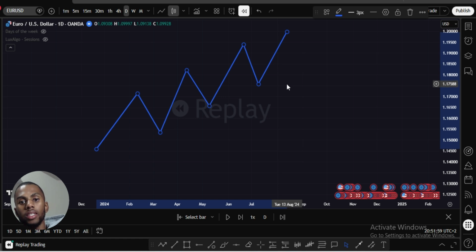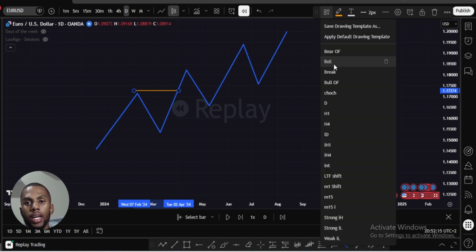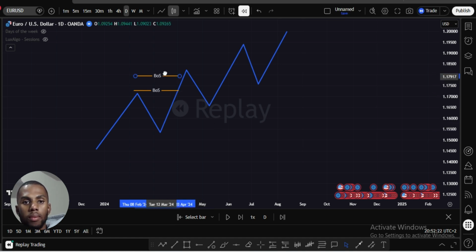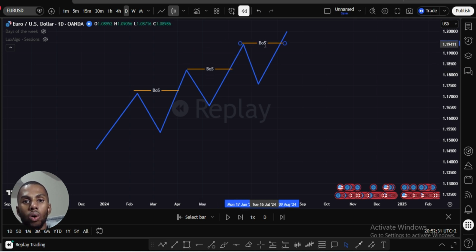So in order to identify BOS, or break of structure, this is what we want to see. Every time the market makes a higher high and breaks this structure, we identify that as a break of structure. A break of structure is simply where price breaks and closes above the high of the market, or below the low of the market.